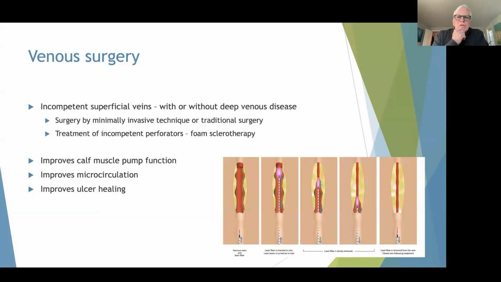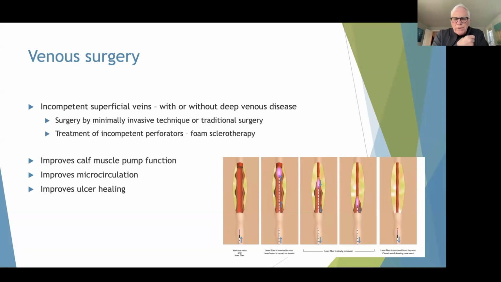And then there's venous surgery. So what venous surgery attempts to do is really improve the superficial veins. There's very little we can do, and although there have been many efforts to try and improve the function of the deep veins, to date there really isn't any reliable or consistent method of improving the function in the deep veins.